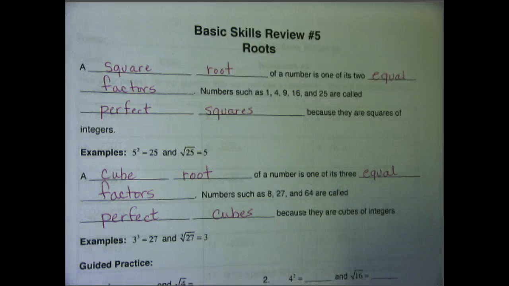So 2 times 2 times 2 equals 8. 3 times 3 times 3 equals 27. 4 times 4 times 4 is 64. Example, 3 to the third equals 27, so the cube root of 27 is 3. 3 is one of three equal factors of 27.